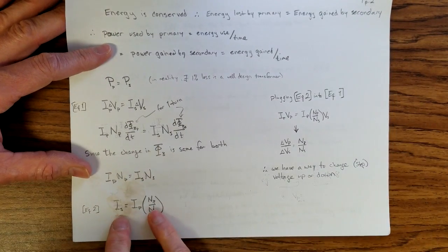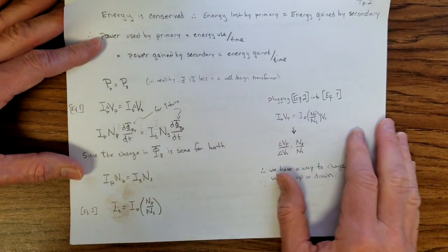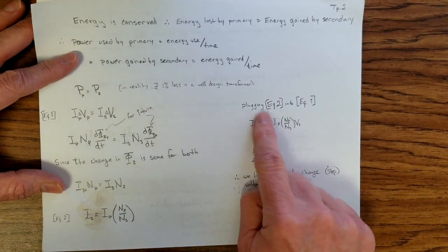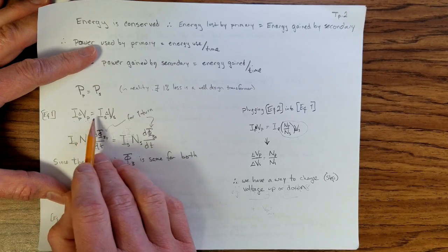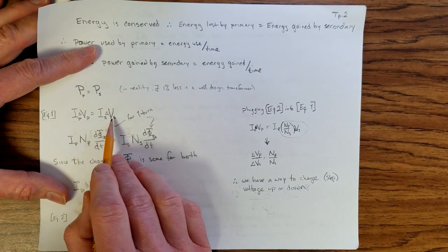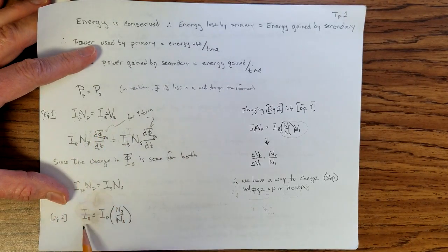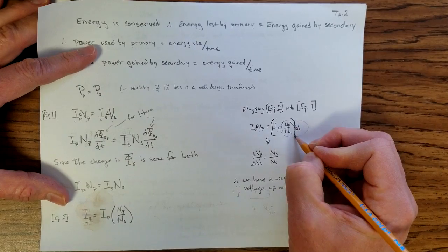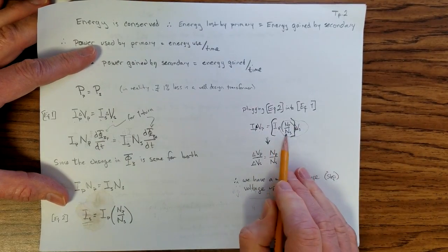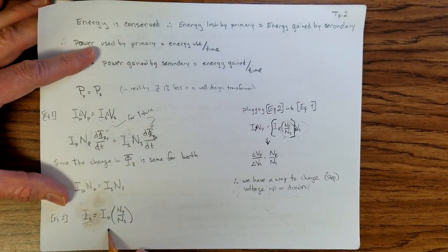Now if we take this equation right here and plug it into that equation, as mentioned over here, we have the current of the primary times the voltage of the primary is equal to the current of the secondary times the voltage of the secondary. We have a formula here for the current of the secondary, so we plug that into this, the current of the secondary as found in equation 2.